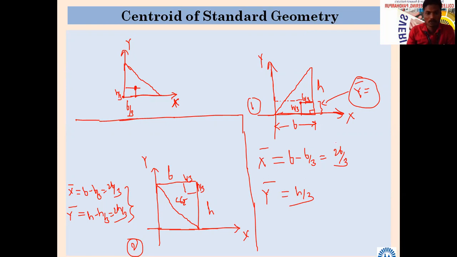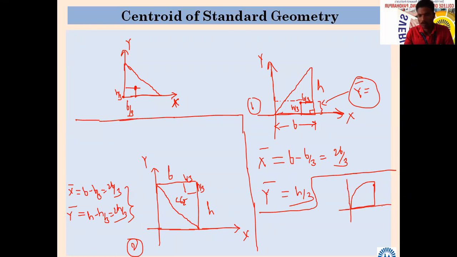Let me take one more example before we go. Here we have a quarter circle with centroid x and y. If its radius is r, what is the distance of the centroid, do you remember? It is 4r divided by 3 pi.